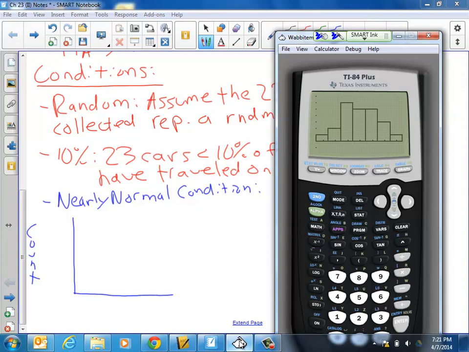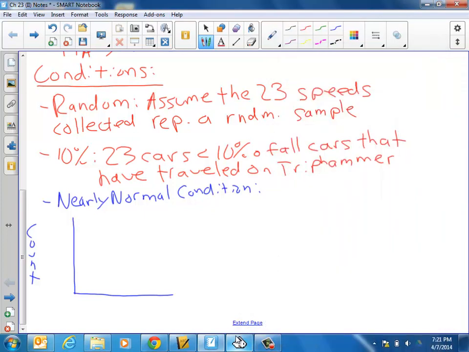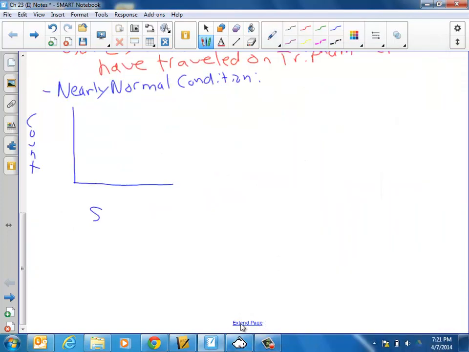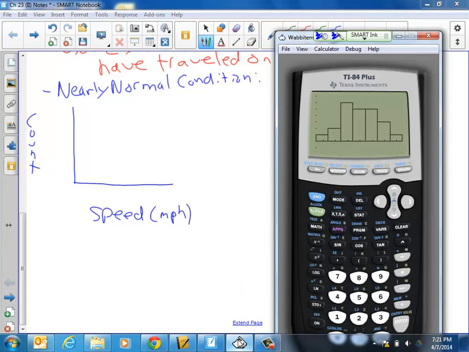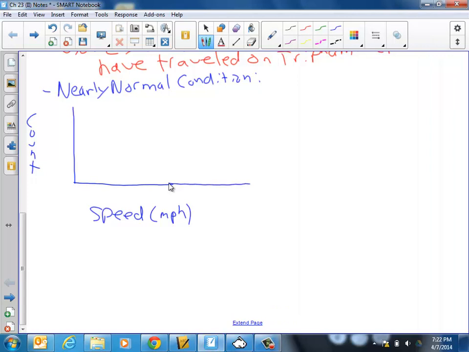On the horizontal axis, you have the speeds, the speed in miles per hour. Okay? So we've got 1, 2, 3, 4, 5, 6, 7 bins here. So let's extend out the horizontal axis a little bit. 1, 2, 3, 4, 5, 6, 7, more or less.